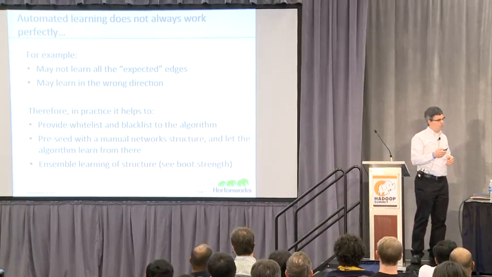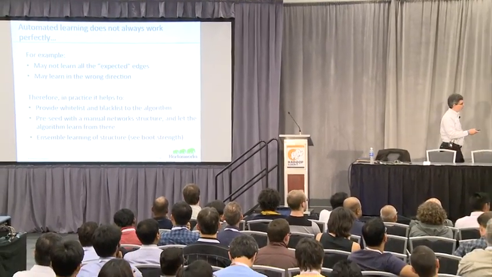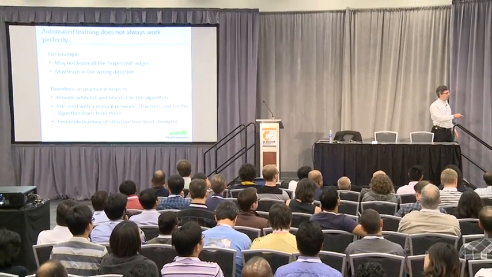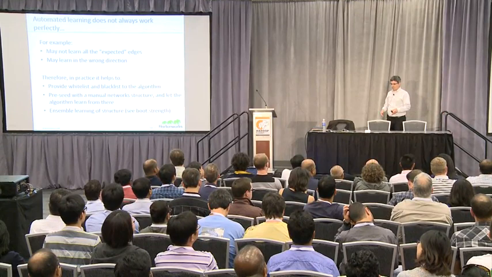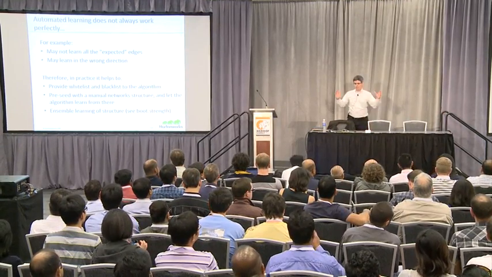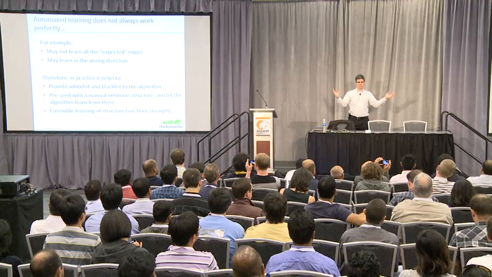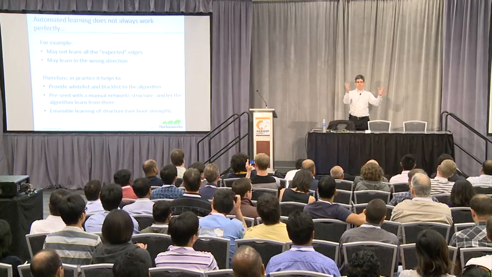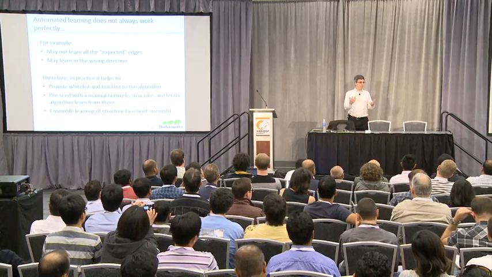I wanted to also mention another technique implemented in BNLearn, which I'm not going to talk about a lot, called bootstrap learning. You can learn, let's say, 100 different networks using HC or Tabu or a different algorithm, but every time you learn it on a different bootstrap of the data.